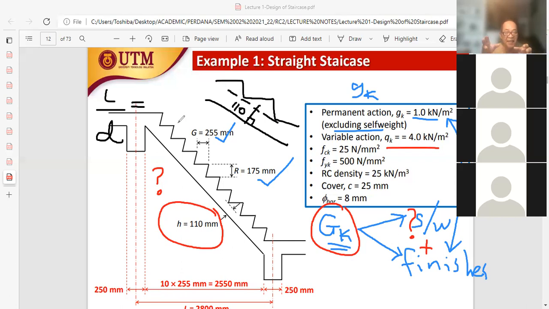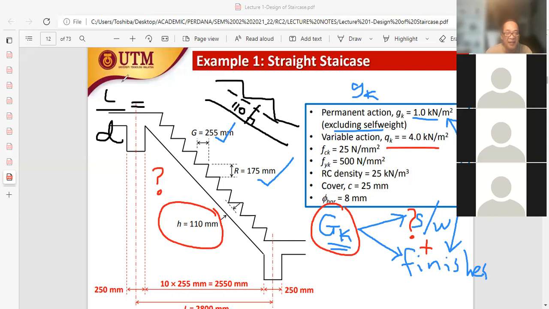However, if the actual L over D is greater than the allowable L over D, then it's not okay. Deflection fail. Okay, so that criteria of deflection check is now used sebagai kaedah ataupun teknik to estimate suitable thickness of beams, of slabs, of staircases.